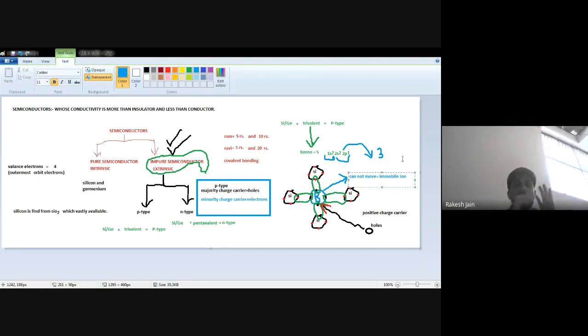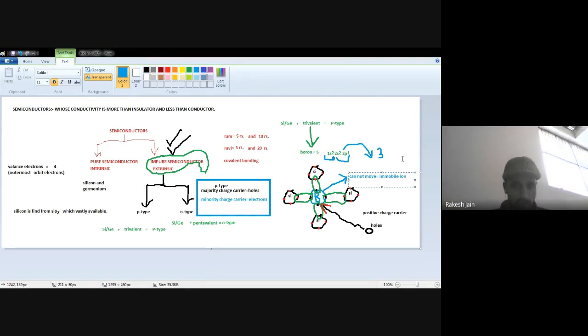Now see. In any material of the periodic table, in the nucleus, the number of protons is equal to the number of electrons, so net negativity is equal to net positivity. Now here, boron makes a covalent bond on this side, the orange one I am talking about.